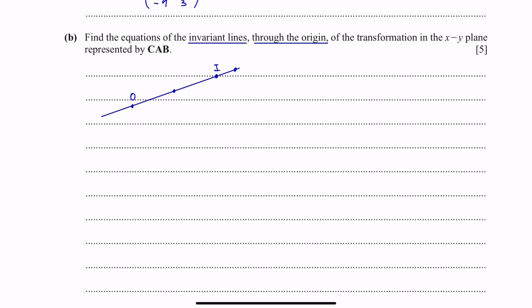So if the coordinates are x and y for O, then the coordinates for I, let's say I put the capital X and Y. And since the invariant line is through the origin, this will be the equation of the line since there's no y-intercept. So I can change this to x and mx, and this is x and mx since they have the same gradient.